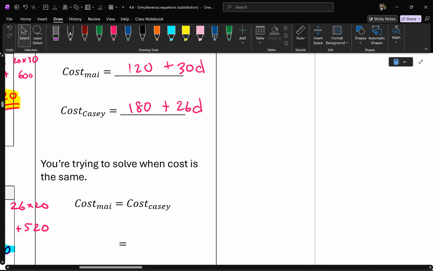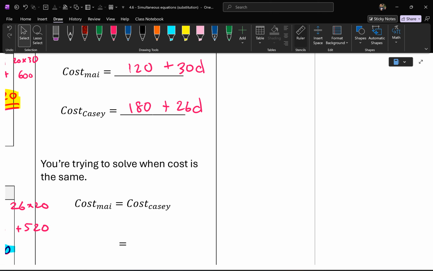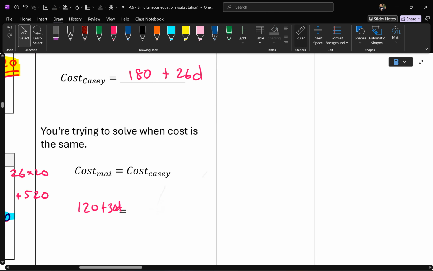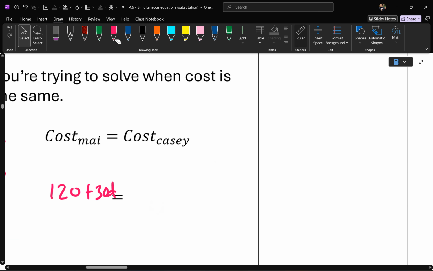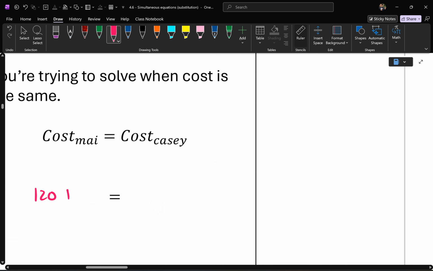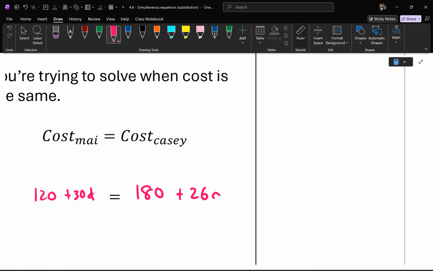We want to check when My's cost will equal the cost of Casey. My's cost is 120 plus 30D. And this is why it's similar to what we just did before. 120 plus 30D equals 180 up front plus 26 per day.